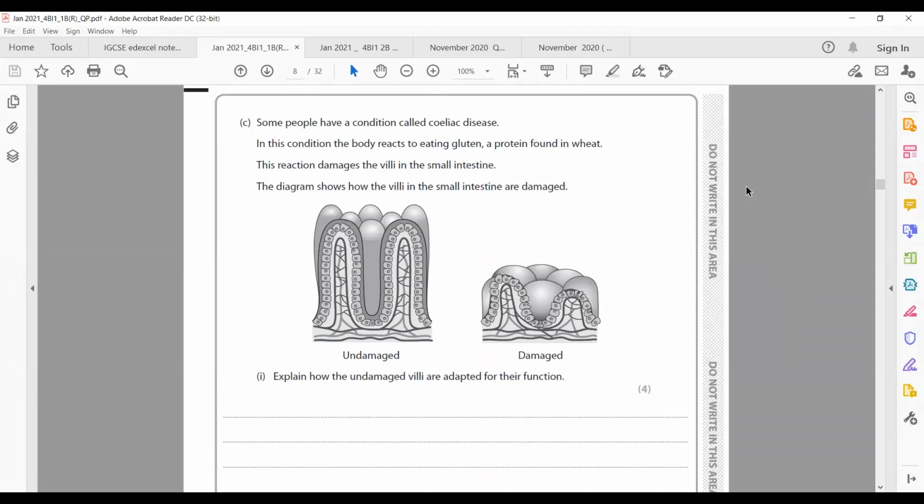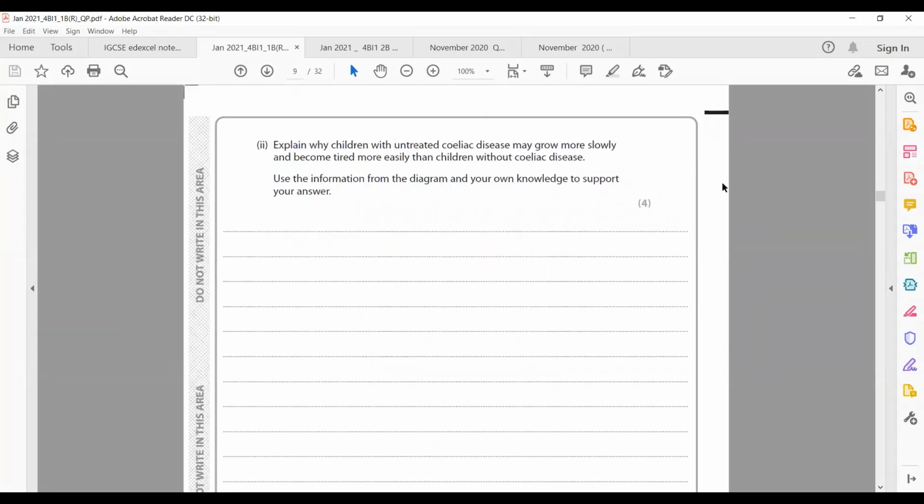Like what? Here they said that untreated children grow more slowly. So what's missing? Maybe three things. Iron. Generally vitamins and minerals in general.